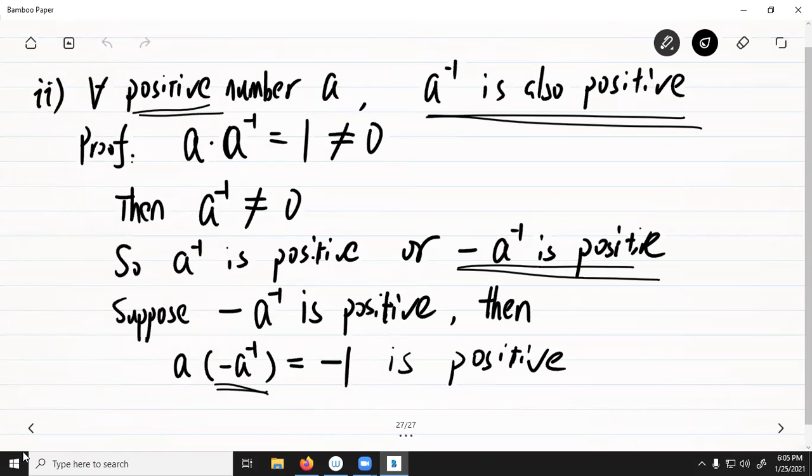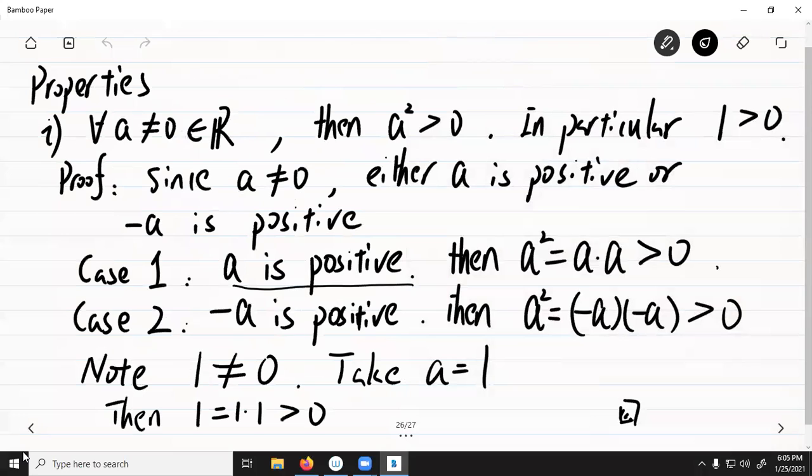But we already know 1 is not 0, from the non-triviality axiom, and we also know 1 is positive, from the first property. So negative 1 is positive is impossible. You have three choices: A is positive, negative A is positive, or A equals 0. A equals 0 is impossible, and A is positive, so negative A is positive is impossible.